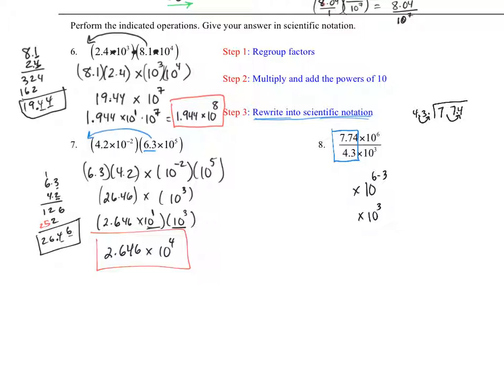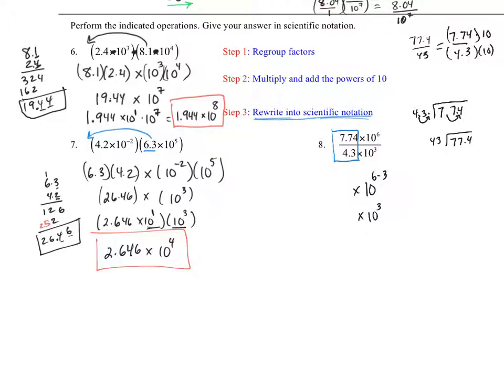And the reason you get to do that is because this started as 7.74 divided by 4.3, and I can just do anything I want to a fraction as long as I do the same thing to the numerator and denominator. So I can rewrite that as 77.4 divided by 43. Okay, so that's my first step.